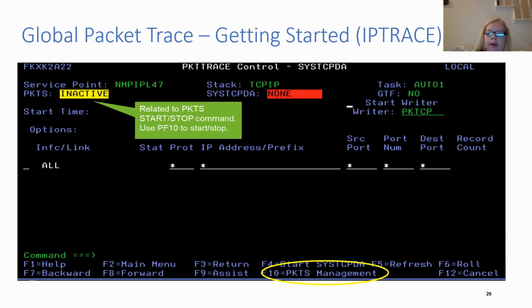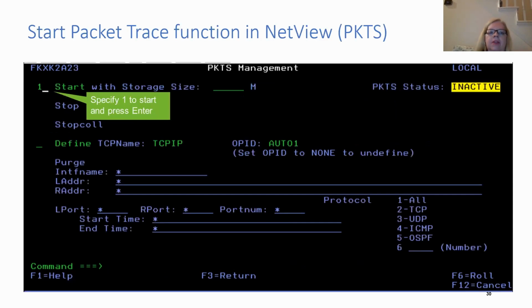In order to get started, you need to use this PF10 that I have circled down at the bottom to start and stop the packet trace from a NetView standpoint. When you do the PF10, if you want to start the packet trace, then you put a 1 there and press enter.